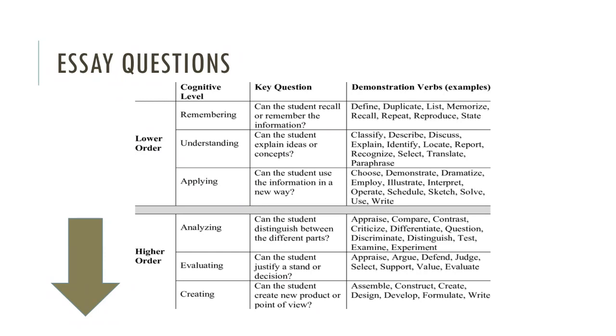So the type of command words that we would look for would be such as appraise, compare, contrast. If we are asking you to evaluate, then we are looking for appraise, argue or defend or judge. If we are looking at creating, we are looking at constructing, design, develop.